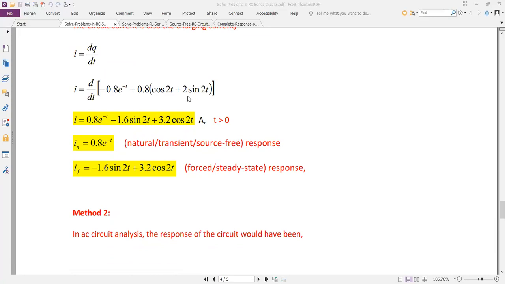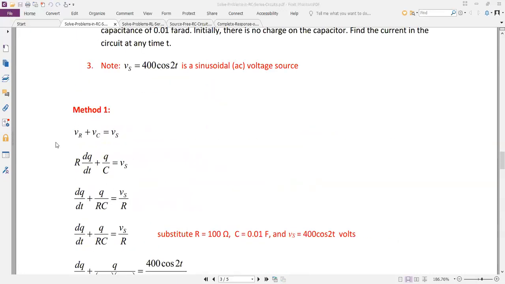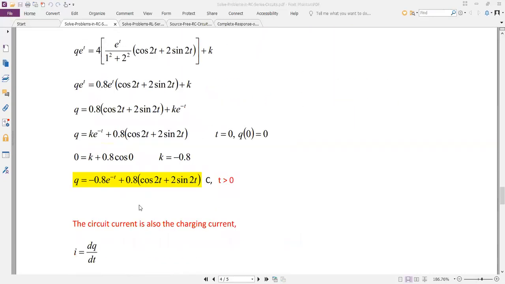The last two terms, which have the trigonometric functions sine and cosine, are referred to as the forced or steady state response. So just in case you are asked, given a problem, what is the expression for the natural, transient, or source-free response, for your RC circuit that would be this one, and your forced steady state response is this. Okay? So this is under method 1, the crude procedure of finding the charge.